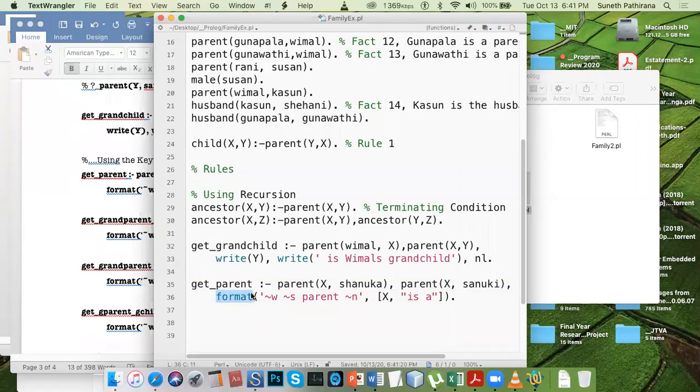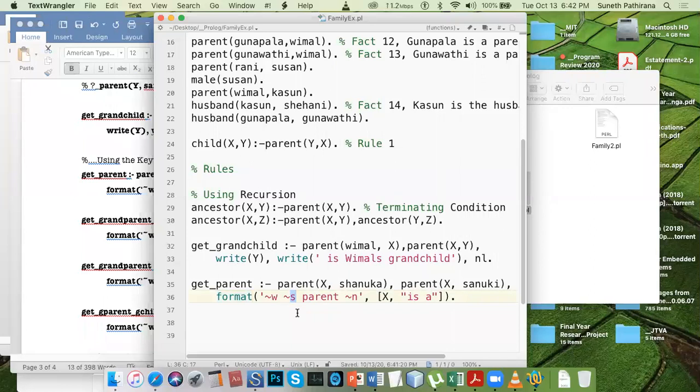Format is a keyword recognized by the compiler. I use these ~w, that means write, to denote write, and ~s. What is this ~s? ~s means string.